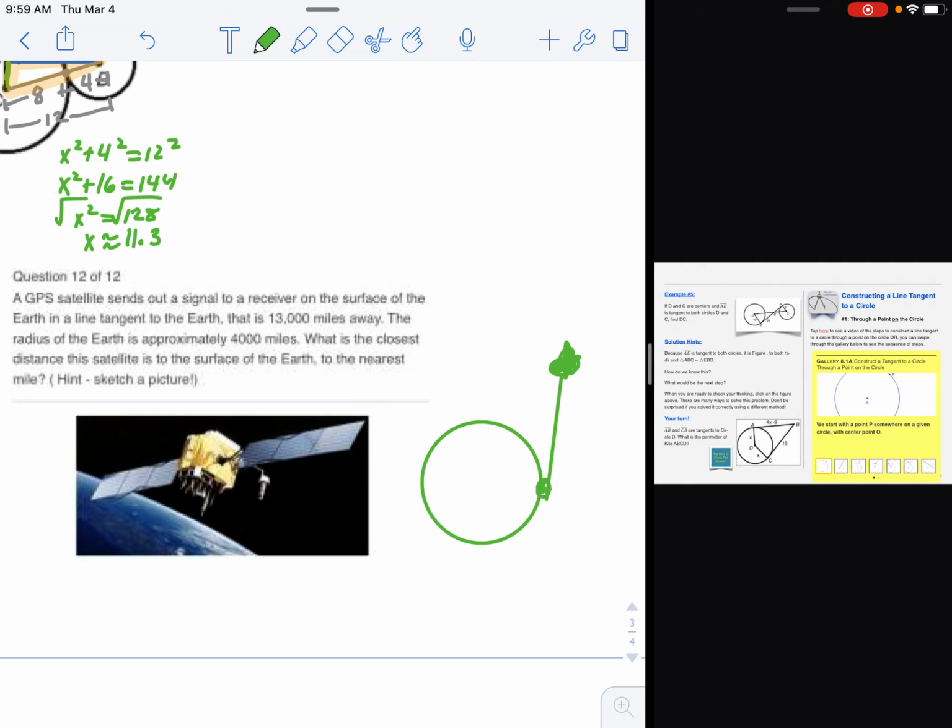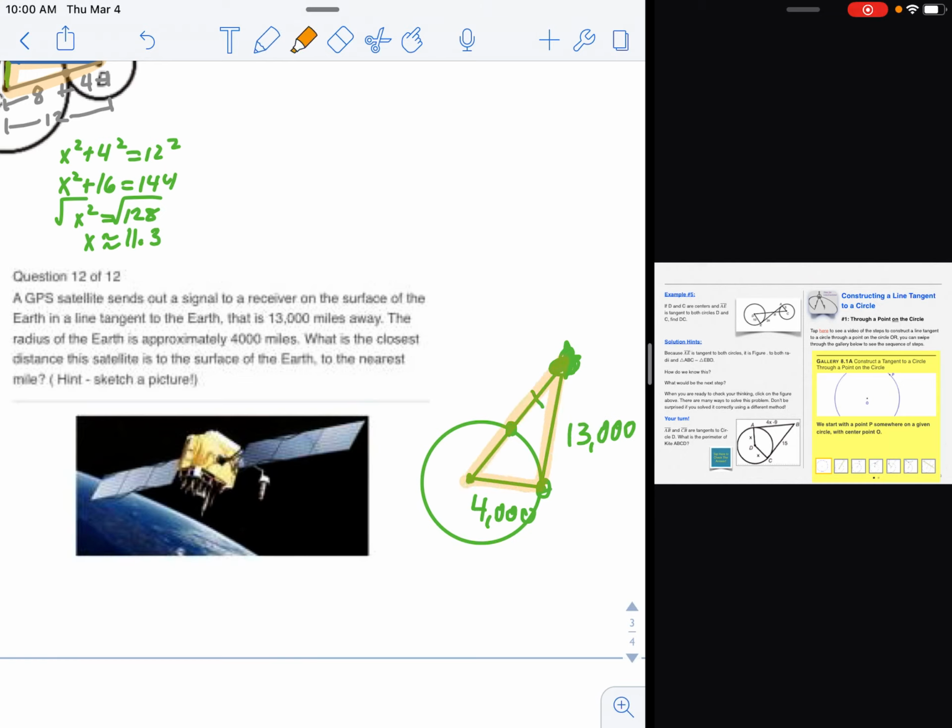That's the best satellite I know how to draw. It sends a signal there. Boom. 13,000 miles away. The radius of the Earth is about 4,000 miles. What is the distance from satellite to Earth? It's going to be that distance right here that we want to find.